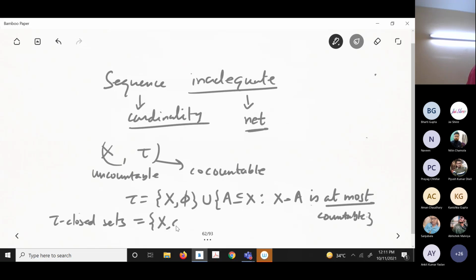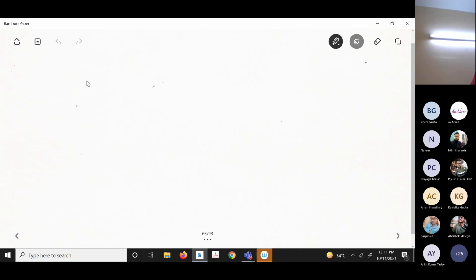X, phi, and all at most countable subsets of X. That means closed sets are this.